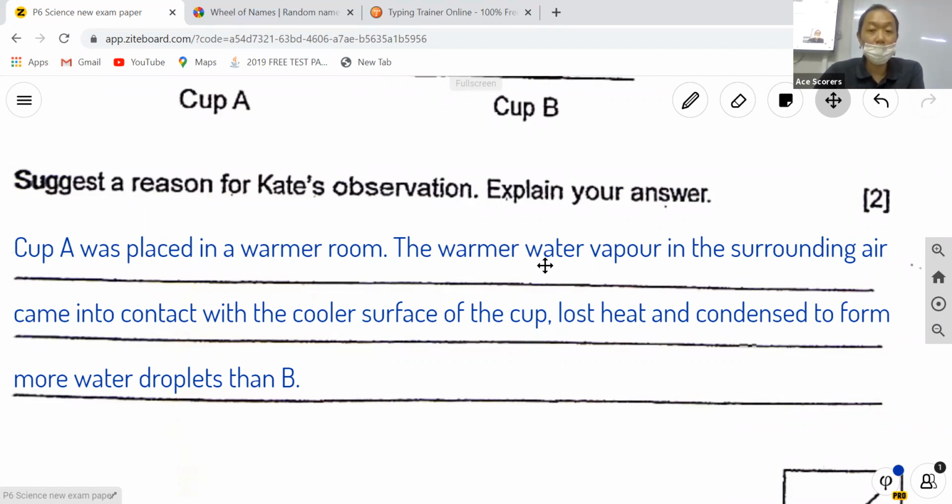So the warmer water vapor lost heat and condensed to form more water droplets than B. Okay, so as I mentioned, condensation is a sure come out thing. So please note.